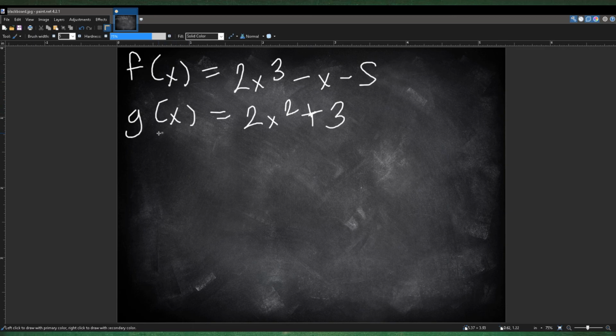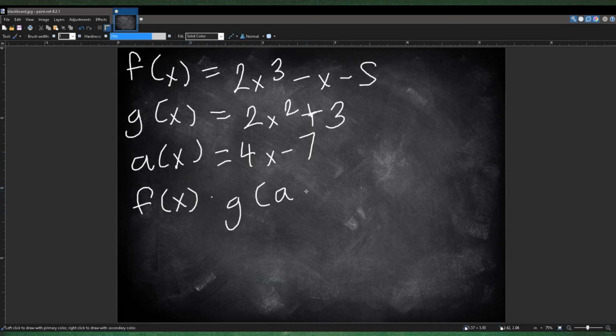And we have our a of x, which is 4x minus 7. So let's say we have an equation like f of x times g of a of x, right?